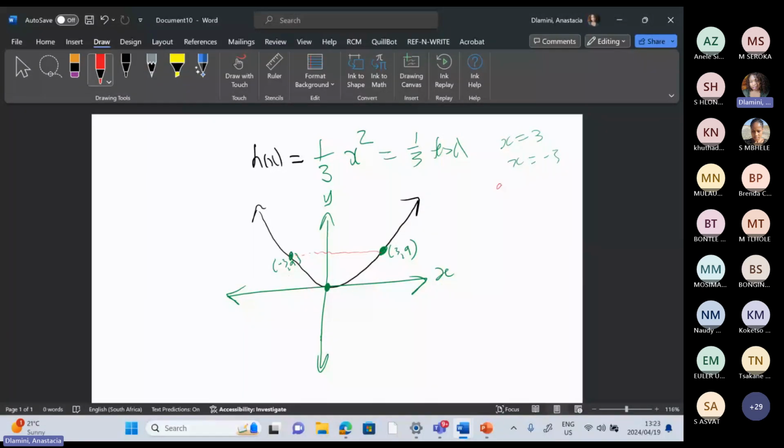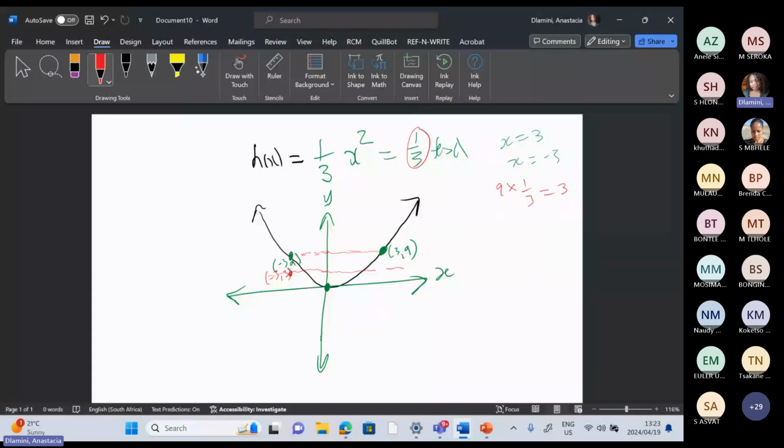I get 3, isn't it? Yes, thank you. Meaning that I'm moving from this 9 here, the red dots, to 3. Let's say 3 is somewhere here. Because I said multiply by 1 over 3, that will be -3 and 3. So it's somewhere here.